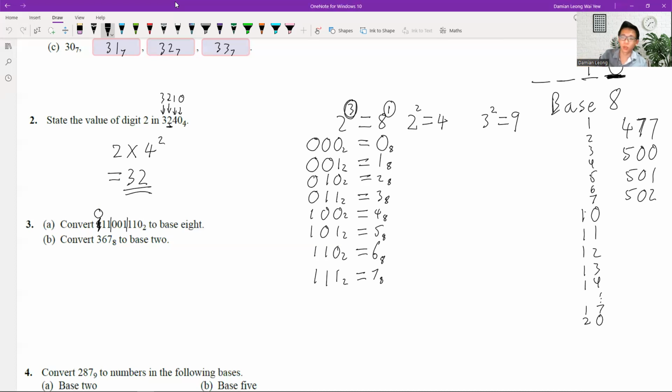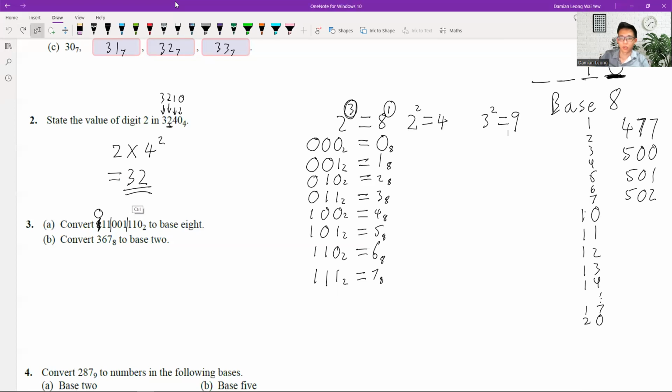Yeah, you can always add zeros at the front of your numbers because it doesn't change anything. You cannot add it behind, that would change the number itself. But in front, we can always add a 0 so that it has enough digits if it doesn't have enough.